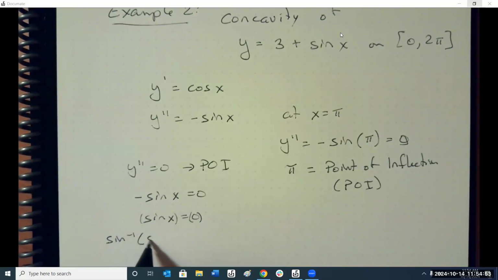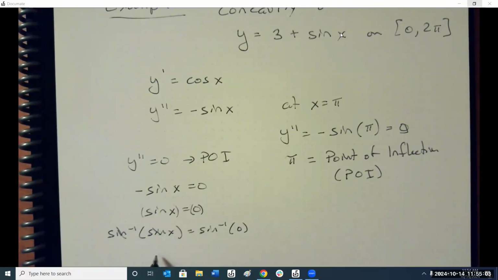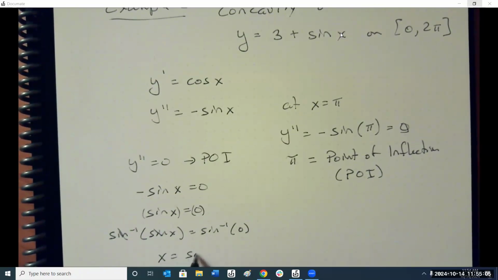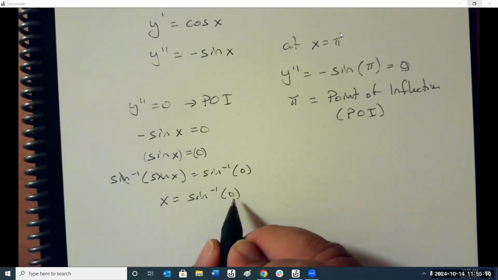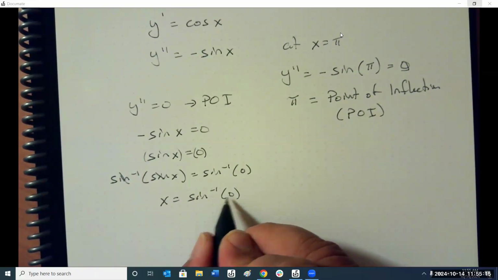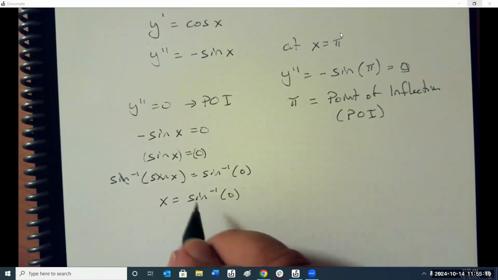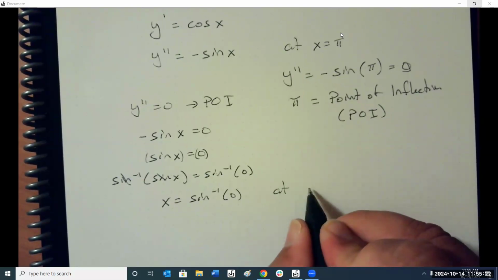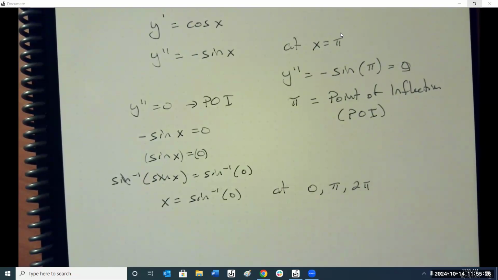Take the inverse sine of both sides, so x is equal to the inverse sine of 0. What it's asking is what x values make sine 0. So where is sine 0? At 0, pi, and 2 pi.